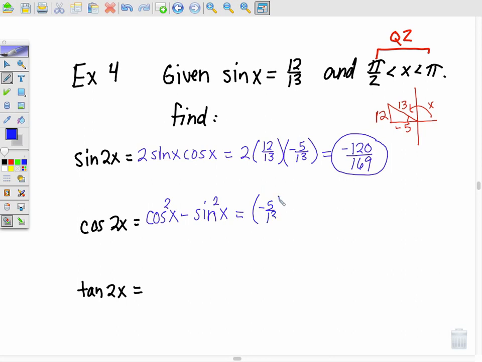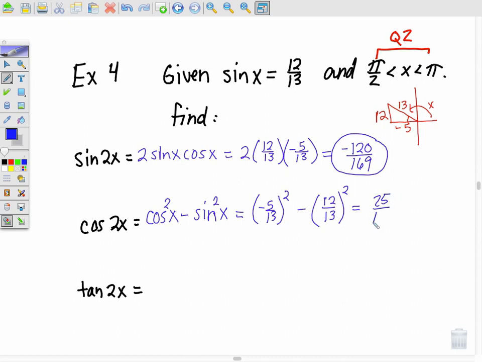So let's go ahead and substitute. Cosine would be -5/13. So we're going to square that. Minus sine is 12/13 squared. All right, we're going to square it.